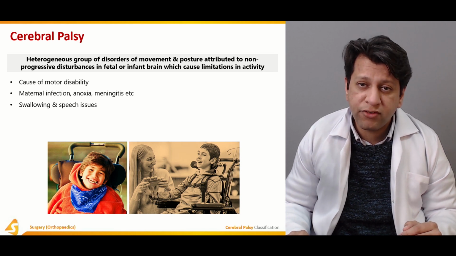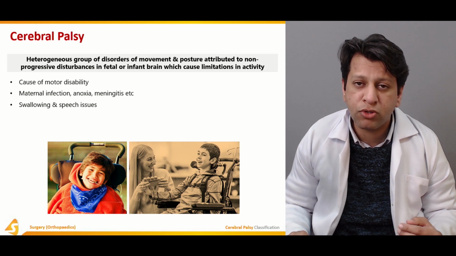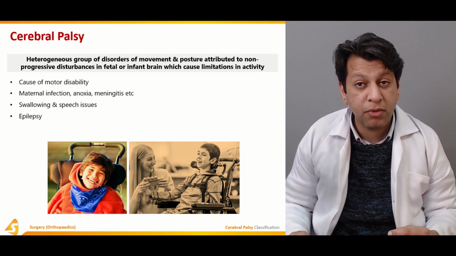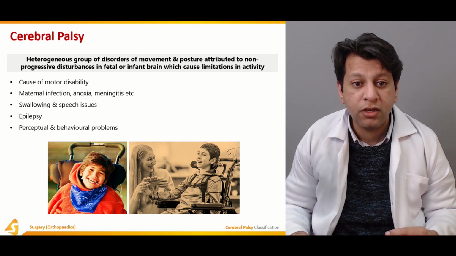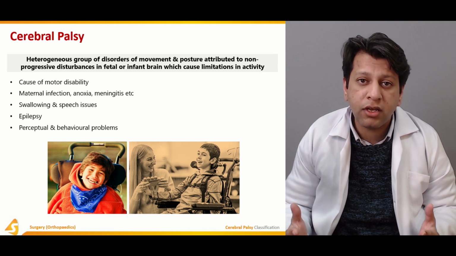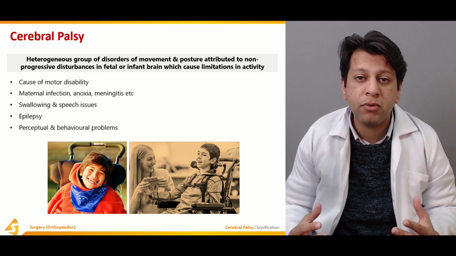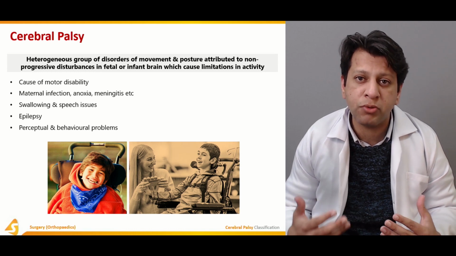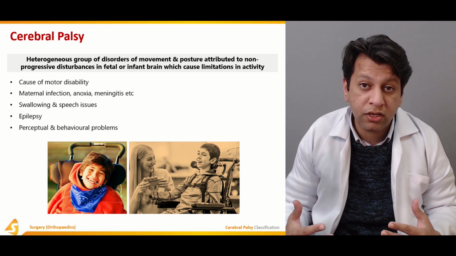Usually, these children have swallowing and speech issues along with the motor disturbances as well. There may be a history of epilepsy, and epileptic fits are quite common in these children. As these children have multiple issues with motor disability, there may also be behavioral disturbances, because these children are special and need special care.